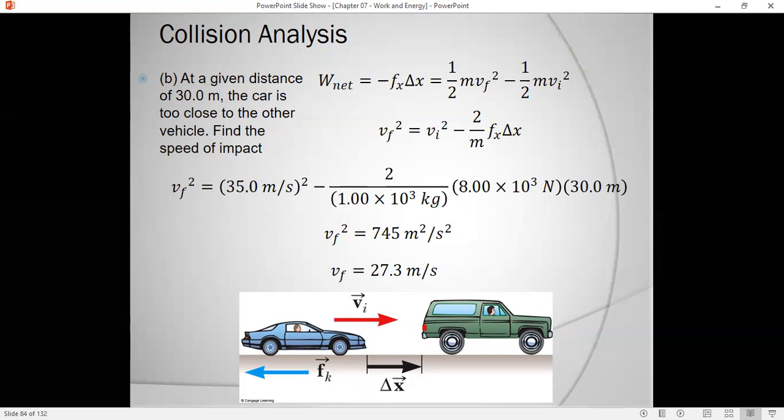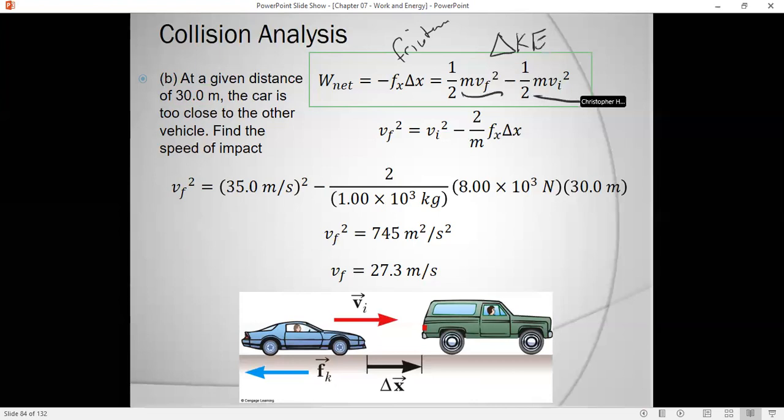Here again is my equation. The net work is equal to the change in kinetic energy. The only work being done, however, is the work due to friction. There's the work due to friction. Here's my delta KE, which is the final minus the initial.